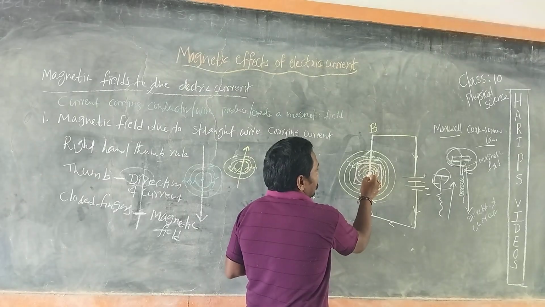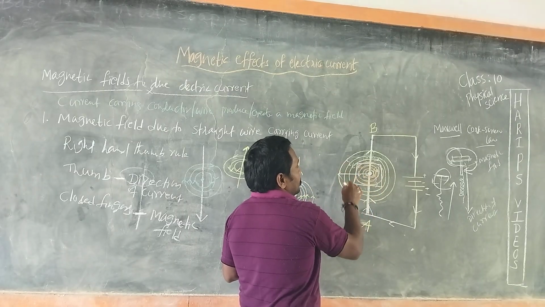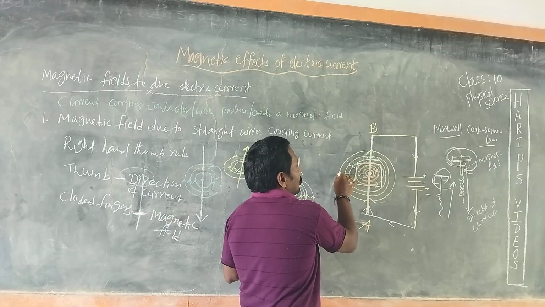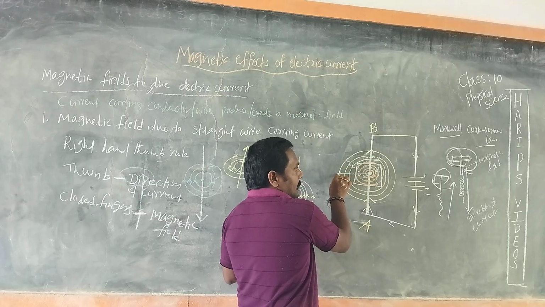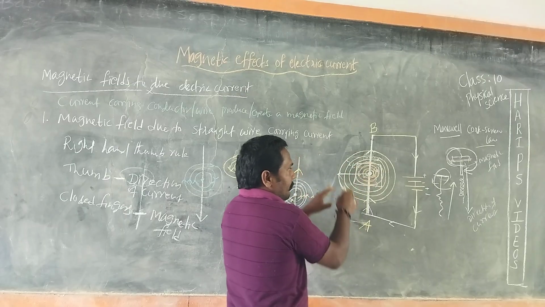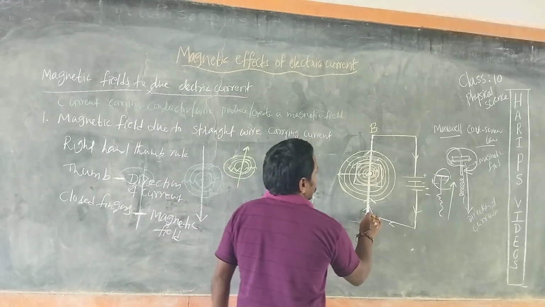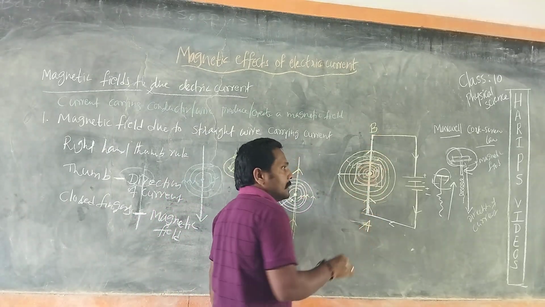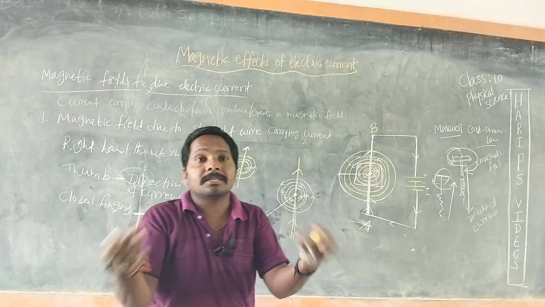So this is the distance from the center to the circle. As the distance between the center and the circle increases, the strength of the magnetic field decreases, and the more current is passing through the wire, the stronger the magnetic field it produces.